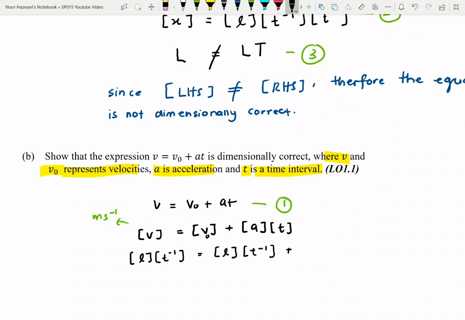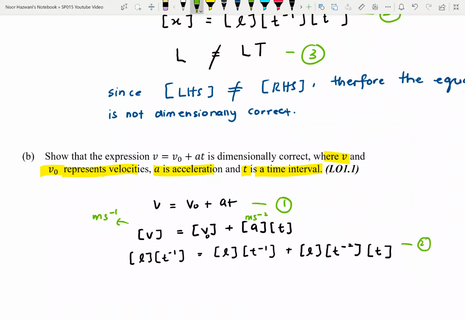Then acceleration, the unit is meter per second squared, so L t^-2. Then you multiply with t. Then you have to simplify the quantities. So this is step number 2.